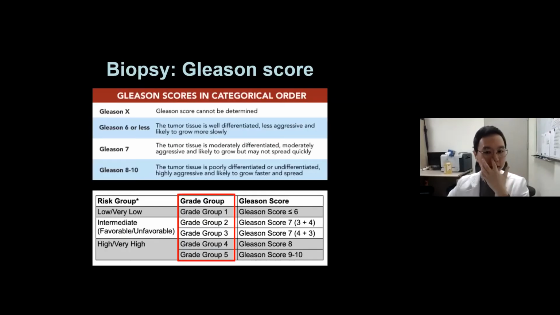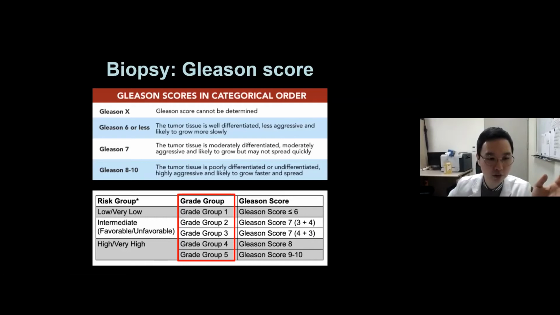So this Gleason score actually indicates how quickly the tumor grows. And in 2014, the International Society of Urological Pathology released supplementary guidance and revised this Gleason score and made cancer grade groups.